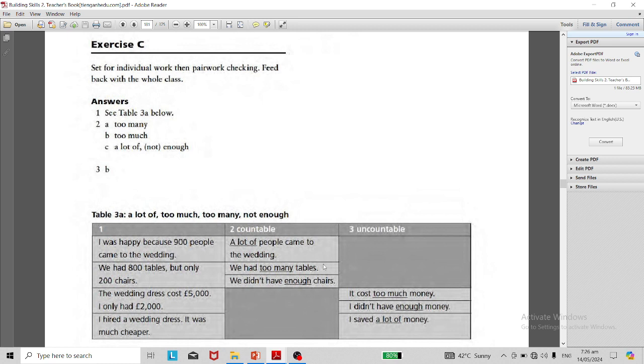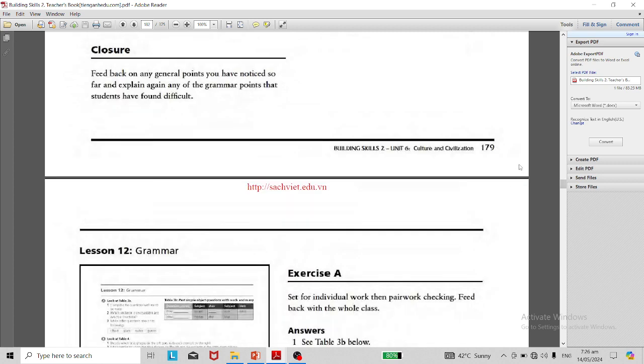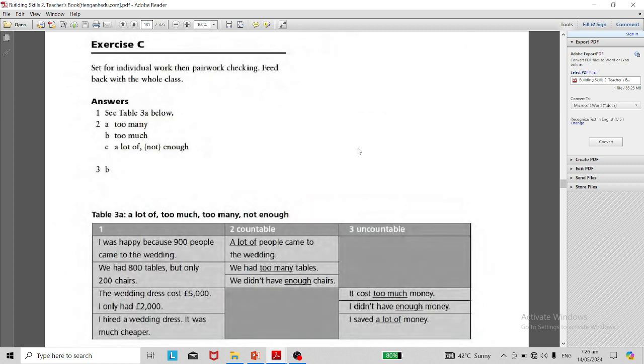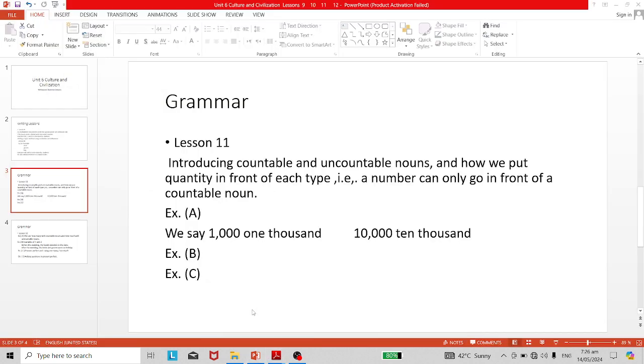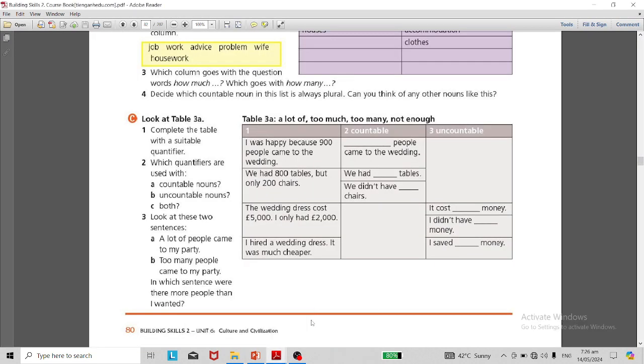We had too many tables. Is that fine? This is for exercise C in grammar lesson 11. This is the end of lesson 11.